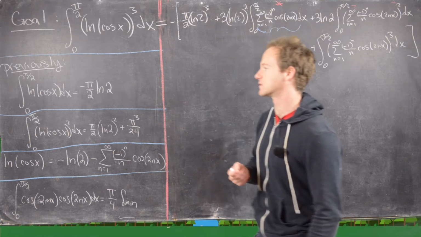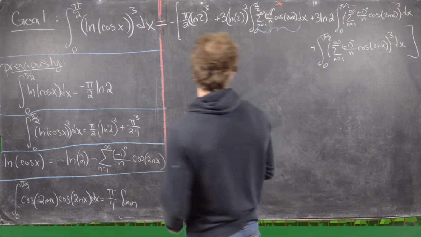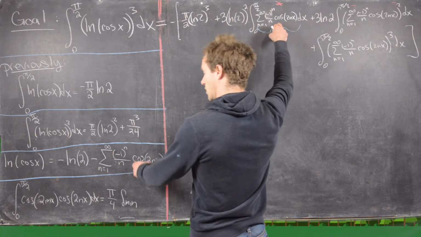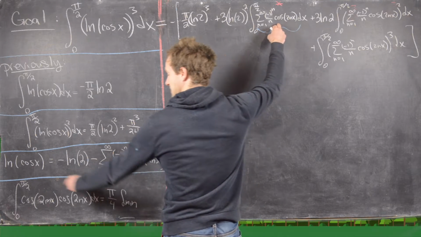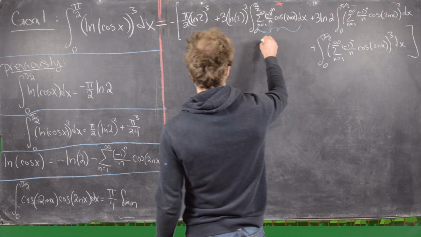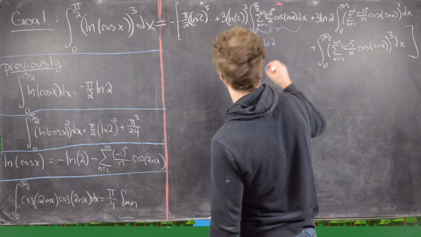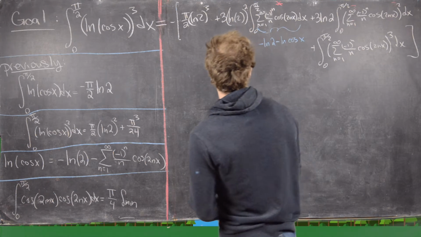We know what the integral of the natural log of cosine x is, so that'll help us out quite a bit. So I'm going to go ahead and notice that this sum can be solved for. Notice we can just add this to both sides and then subtract the natural log of cosine x from both sides. And this is the same thing as minus natural log of 2 minus natural log of cosine of x. Great.